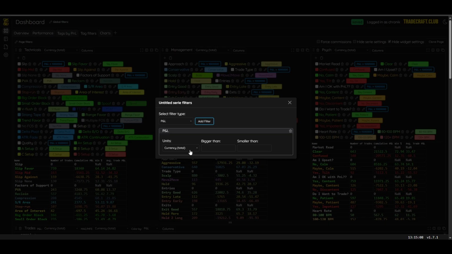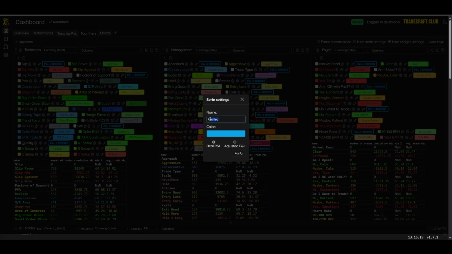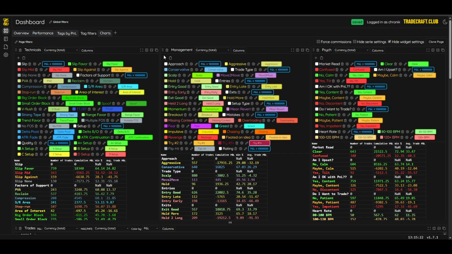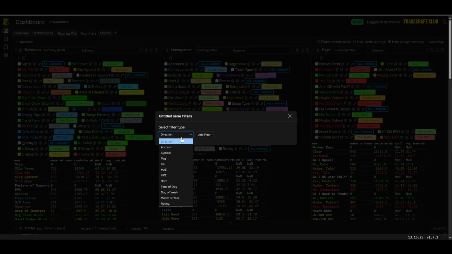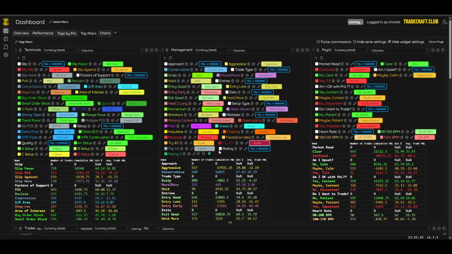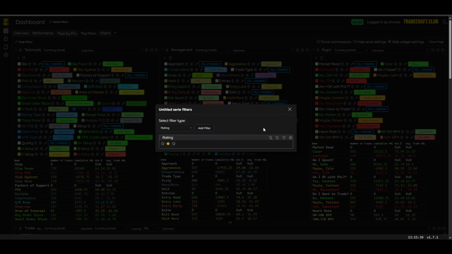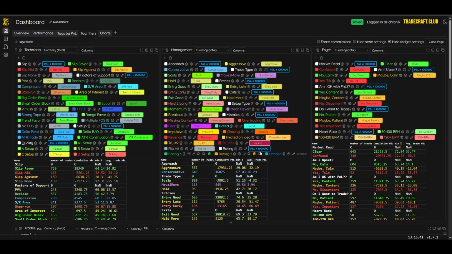I got conservative, aggressive, perfect entry. So we got the entries, the exits. I got the raw P&L. I want to actually move that. I want to get rid of that. Conservative entry exit.